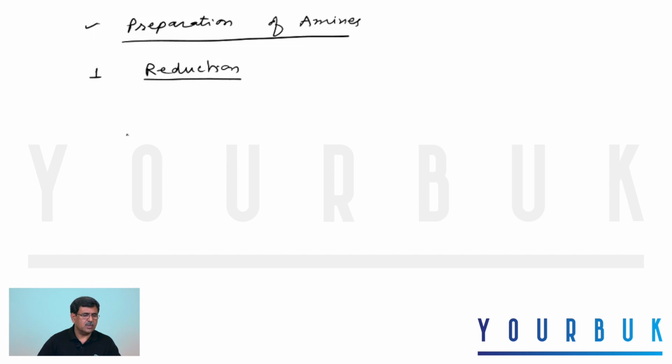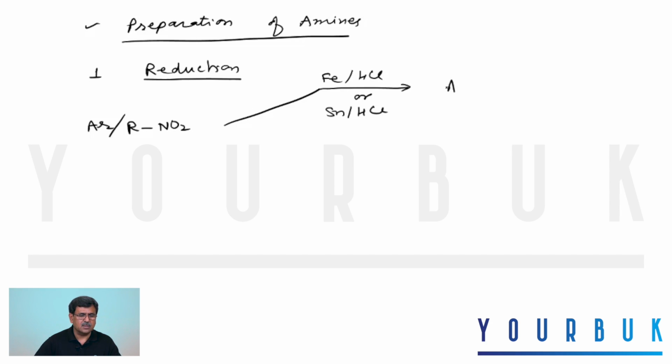So amines we can prepare by the reduction of the nitro group using iron in hydrochloric acid or tin in hydrochloric acid. This is a method we use on the commercial scale and is used to prepare primary amines.